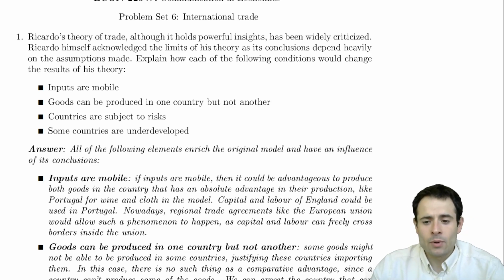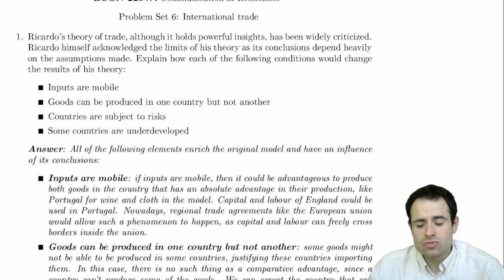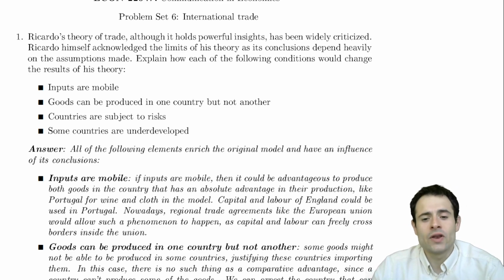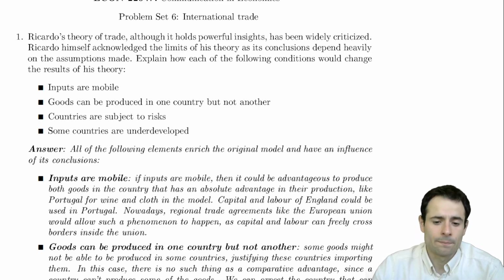So, capital and labor can freely cross borders inside regional trade agreements, and so some countries can then specialize, not necessarily in the production of the good they have a comparative advantage for, but maybe the production of the good they have an absolute advantage for.